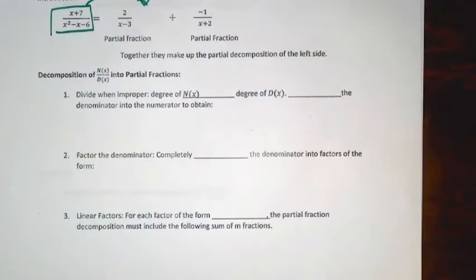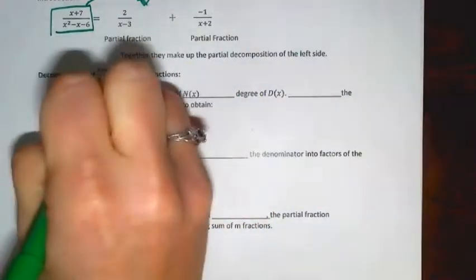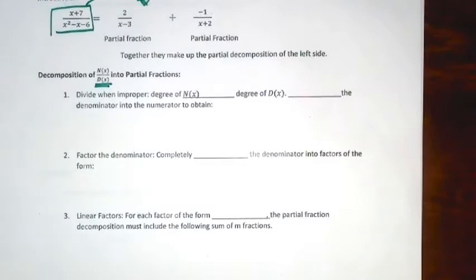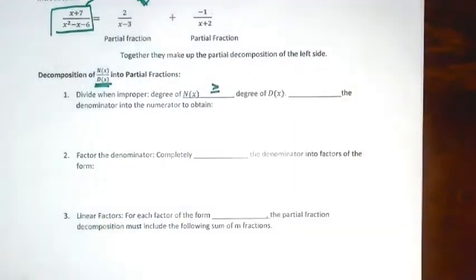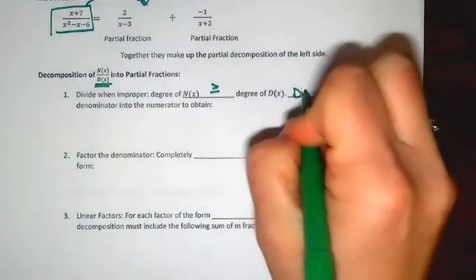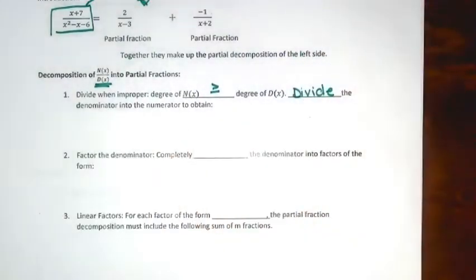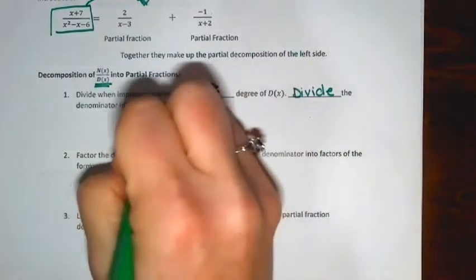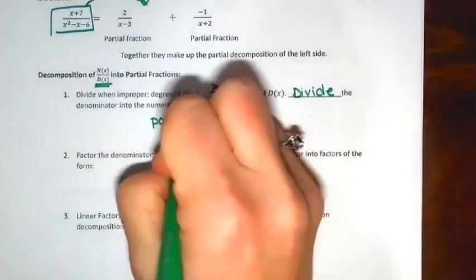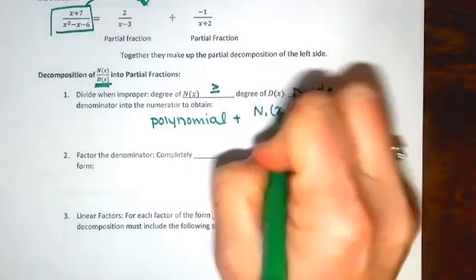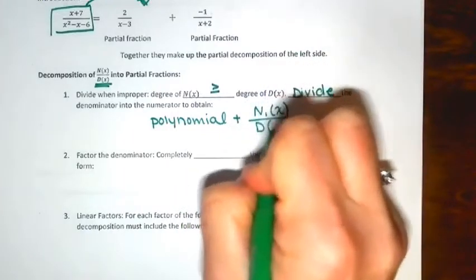The first thing is if we're looking at n of x divided by d of x, and we want to make them into partial fractions. If the degree of n of x is greater than or equal to the degree of d of x, we will divide the denominator into the numerator to obtain our polynomial plus n1 of x, which is our remainder, over d of x, right?